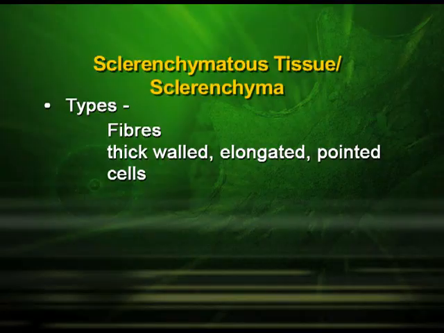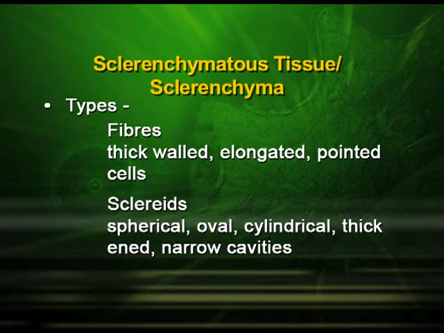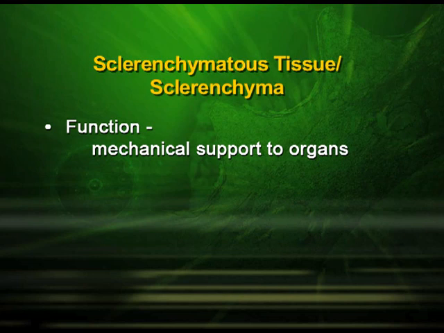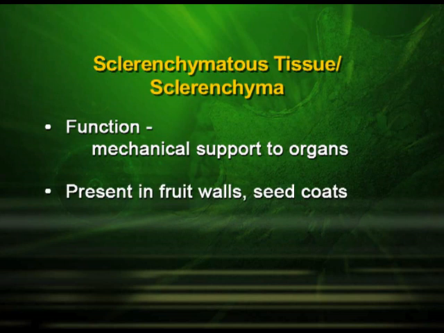They are of two types, the fibers, which are thick walled, elongated, pointed cells, and the sclerids, which may be spherical, oval, cylindrical, thickened with narrow cavities. Their function is to give mechanical support to the organs. They are found in the fruit walls as well as in the seed coats.